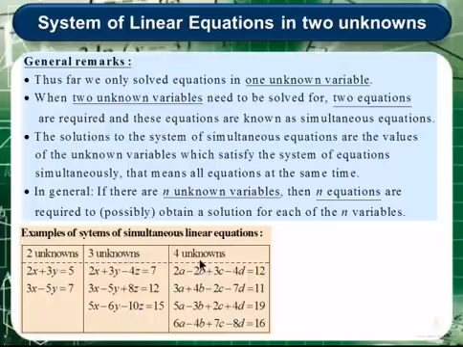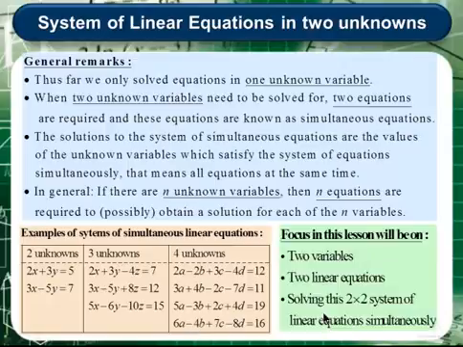The third column shows a 4 by 4 system: 4 unknowns, a, b, c and d, and 4 different equations, as you can see. All of these are linear equations. For the purpose of this lesson, the focus will be on 2 variables only and 2 different linear equations, and how to solve such a 2 by 2 system of linear equations simultaneously.